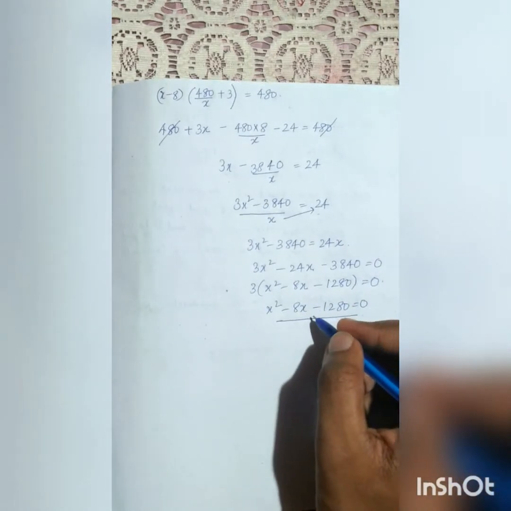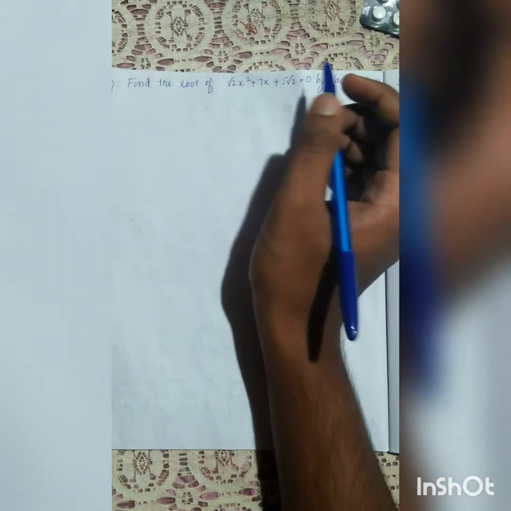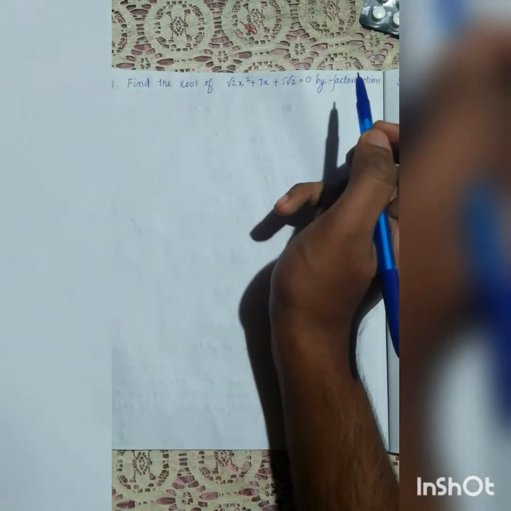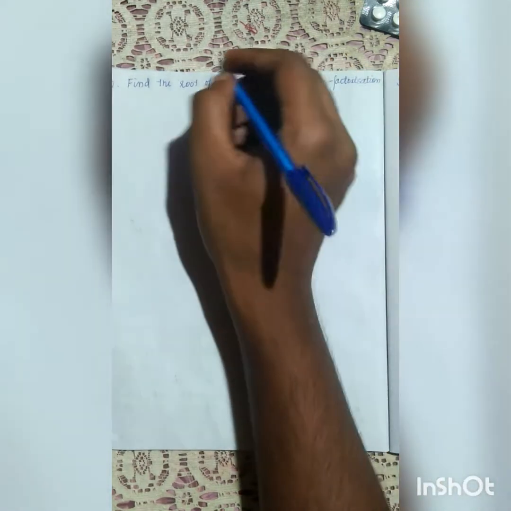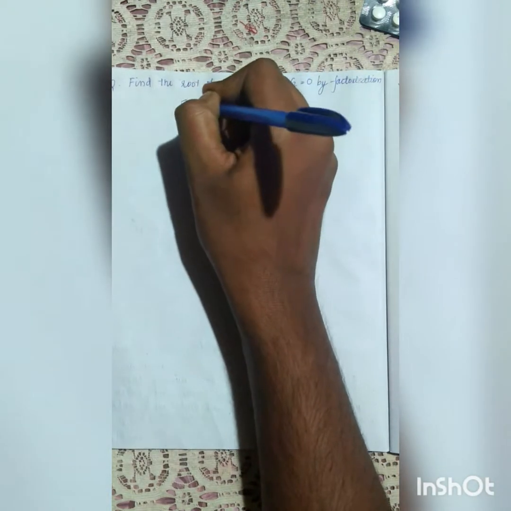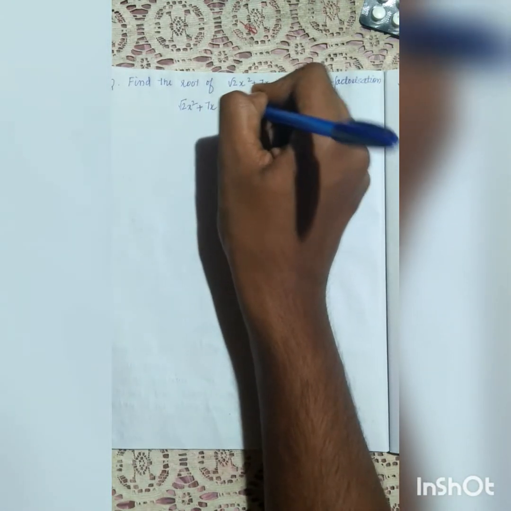Now we can solve this quadratic equation either by middle term splitting or by using the quadratic formula. Now another question is to find the roots of root 2 x square plus 7x plus 5 root 2 by factorization. So we have the quadratic equation root 2 x square plus 7x plus 5 root 2 is equal to 0.